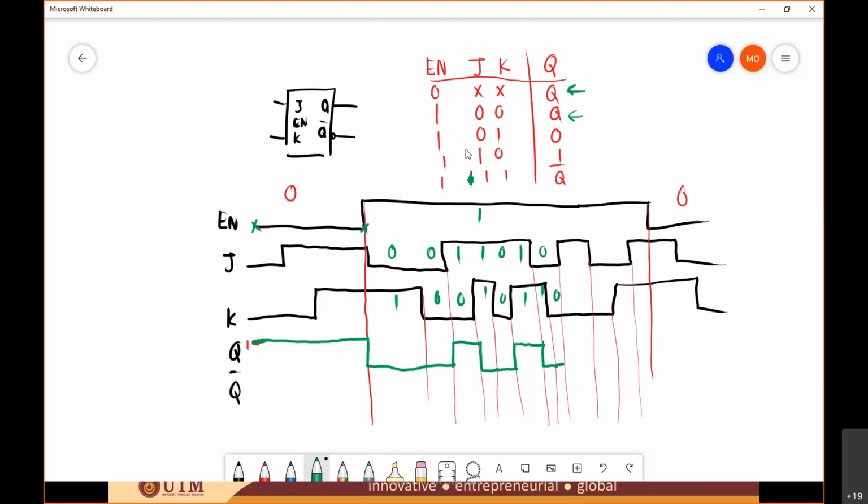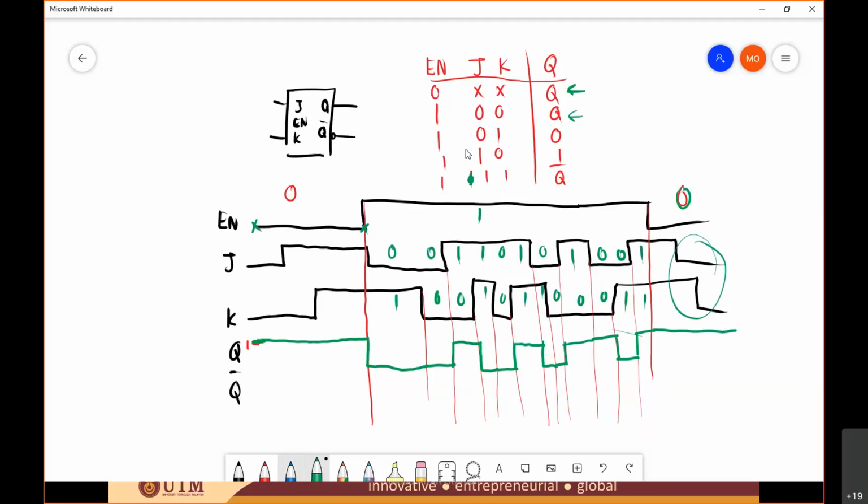No change. 10, set. 00, no change. 01, reset. 11, toggle. And then bila enable 0, regardless of your input kat sini, dia akan no change. Okay, so this is the output of your Q.